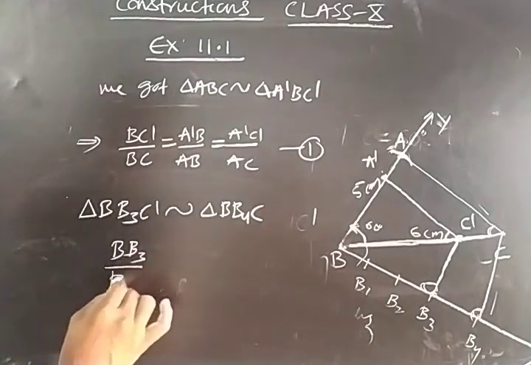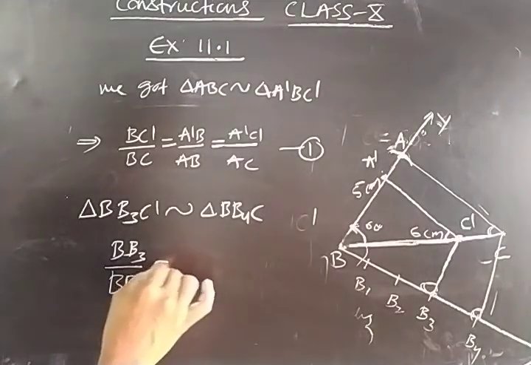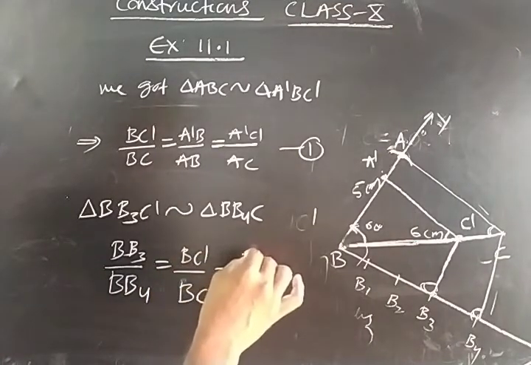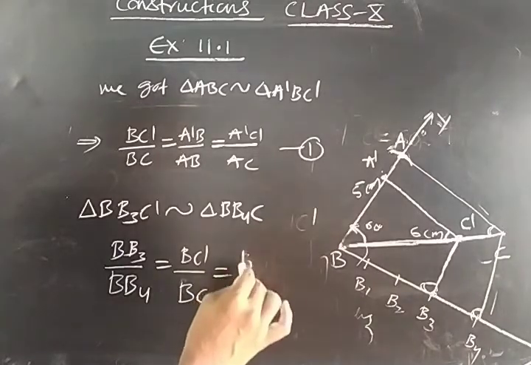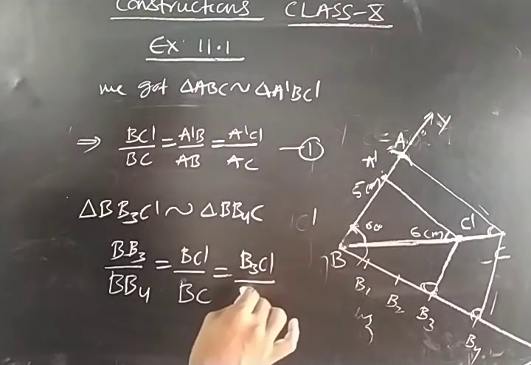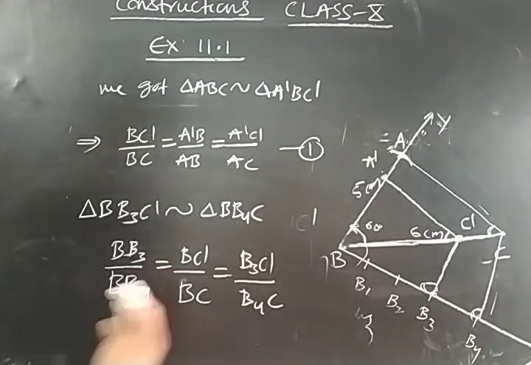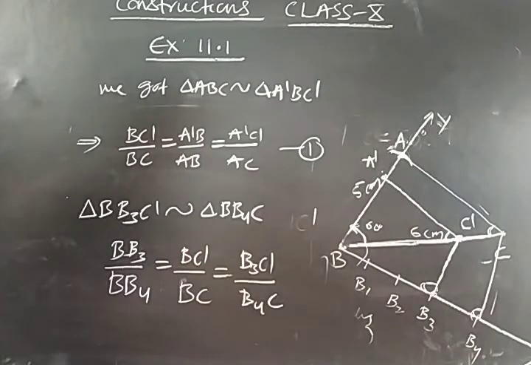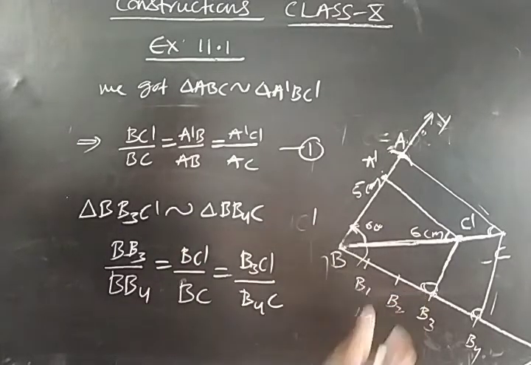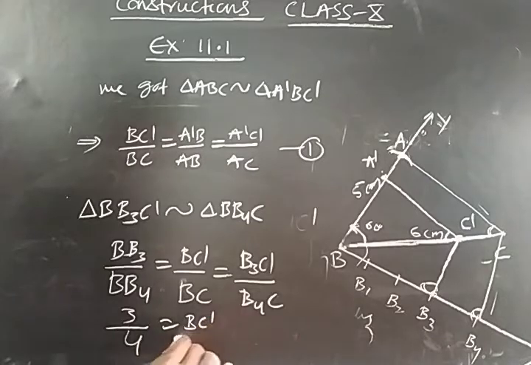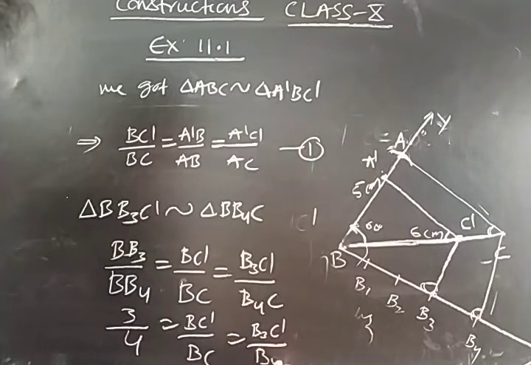B B3 by B B4 is equal to BC dash by BC is equal to B3 C dash by B4 C. These ratios are equal. Why? Because these are similar. Now observe here, B B3 has 3 parts, B B4 has 4 parts. So in place of this we can write 3 by 4, equal to BC dash by BC.